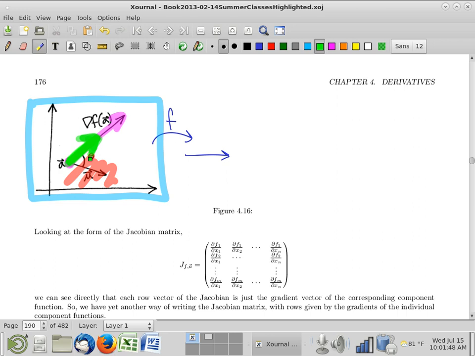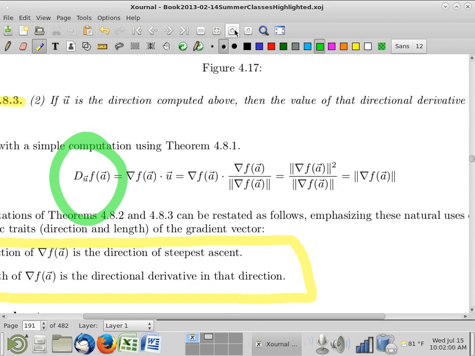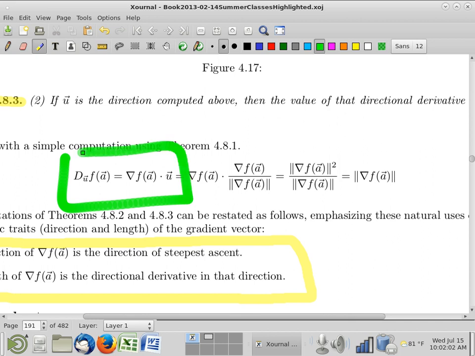Let's compute. What is that unit directional derivative? How fast is the function increasing? Well, that's how we compute directional derivatives. We just got through agreeing that that best unit vector is the unit vector pointing in the direction of the gradient vector.